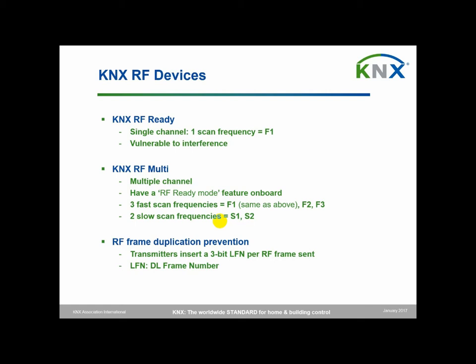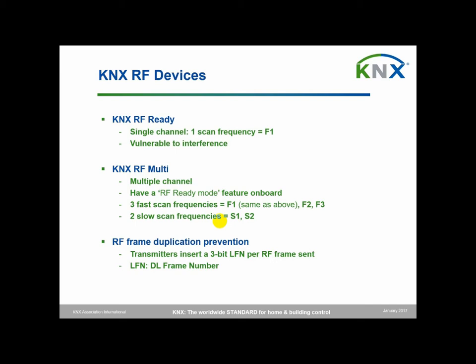There's also an aspect that is called RF frame duplication prevention. So that's also important in this context. You will understand later on why. For now, I just want to explain how RF frame duplication is prevented. Well, that is done via the transmitters, so via the devices that send information. What they do is insert a 3-bit LFN, a data link layer frame number, per RF frame that is sent.